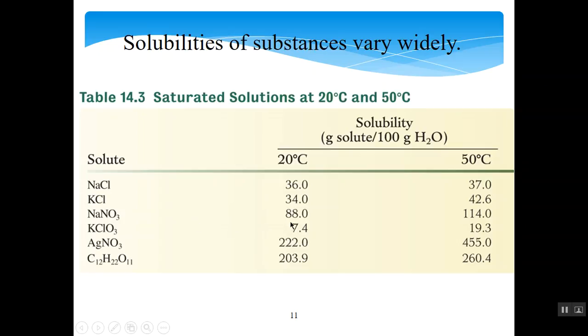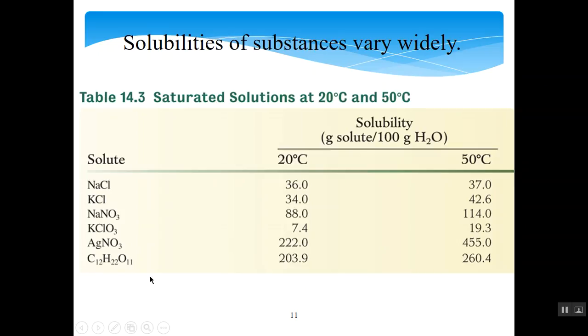Sodium nitrate is more soluble to a great extent than either sodium chloride or potassium chloride, and so on and so forth. And as you can see, the solubility is dependent on temperature. For example, the solubility of sodium chloride at 20 degrees is 36 grams per 100 grams of water. It increases slightly to 37 grams per 100 grams of water.